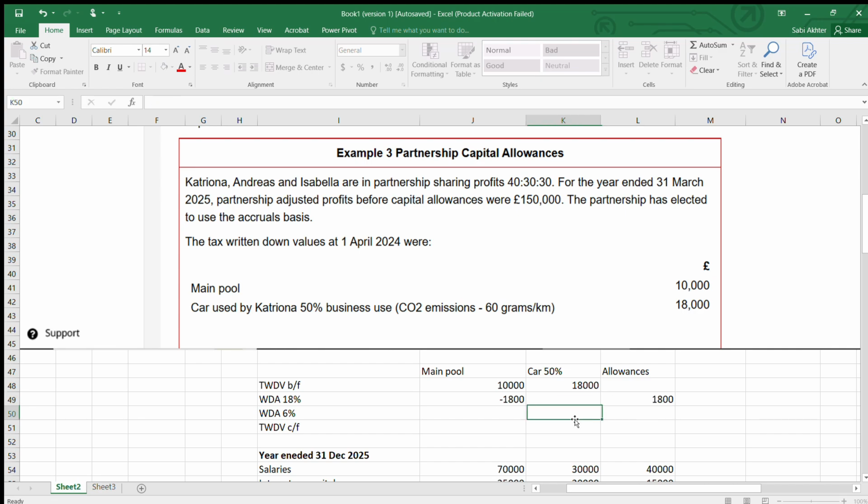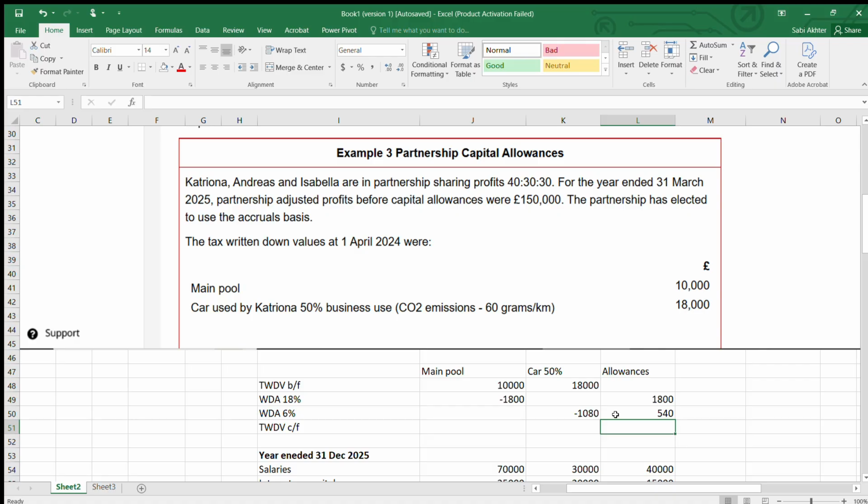Next, take 18,000 into 6%, and then into 50% because only business use. Sorry, it's 50% you have to take for the allowance section. But when we are taking it here, we are taking 1,080 into 50%. It has to be positive.